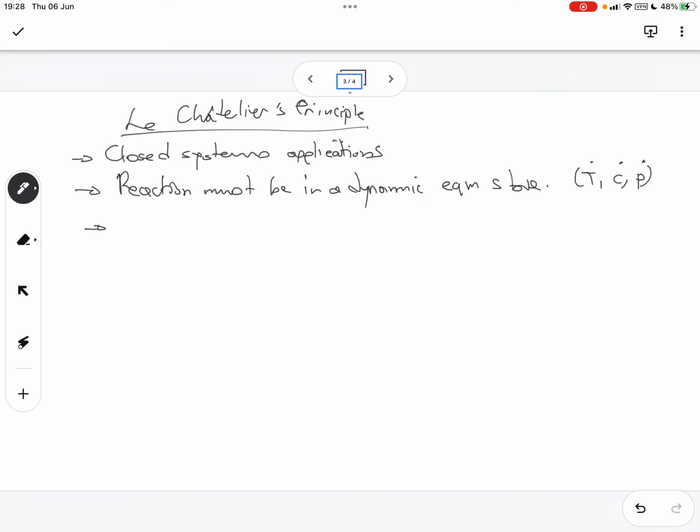There are different ways to apply this rule, and they apply to changing either the temperature, the concentration, or the pressure. Should we have a change in temperature or concentration or pressure, there's a way to discuss these changes, Le Chatelier.